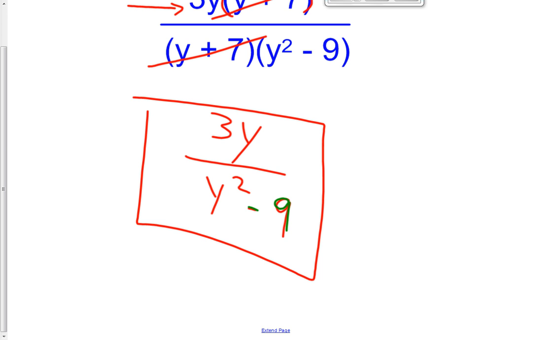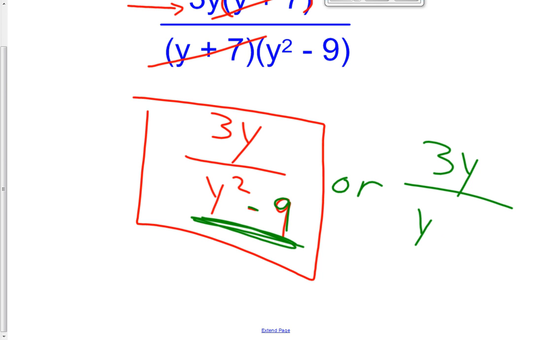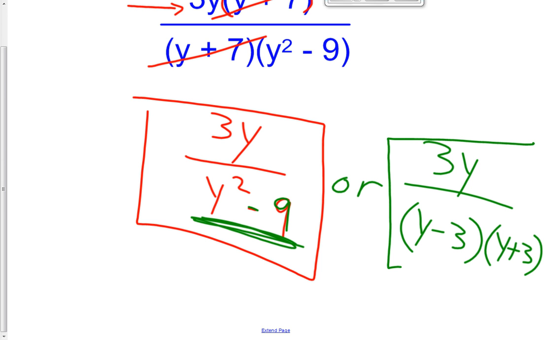I want you to be aware you could have this. If anyone recognized this as being the difference of two squares, it's 3y over y minus 3 times y plus 3. So you could have this as your answer as well. Excel Math might have that. I'll accept either one on our chapter test. But again, you can't reduce this and this because this is a factor.